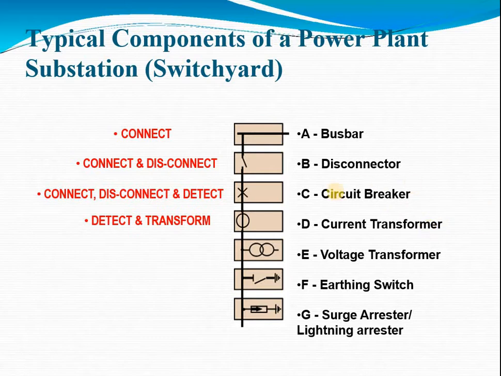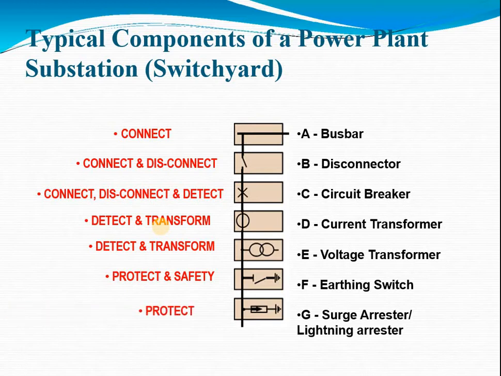The current transformer is used to detect the current and, if required, transform the current also. The voltage transformer is used to detect voltage and to transform also. The earthing switch is used for protection or safety purposes. And the surge arrestor is used as protective equipment.